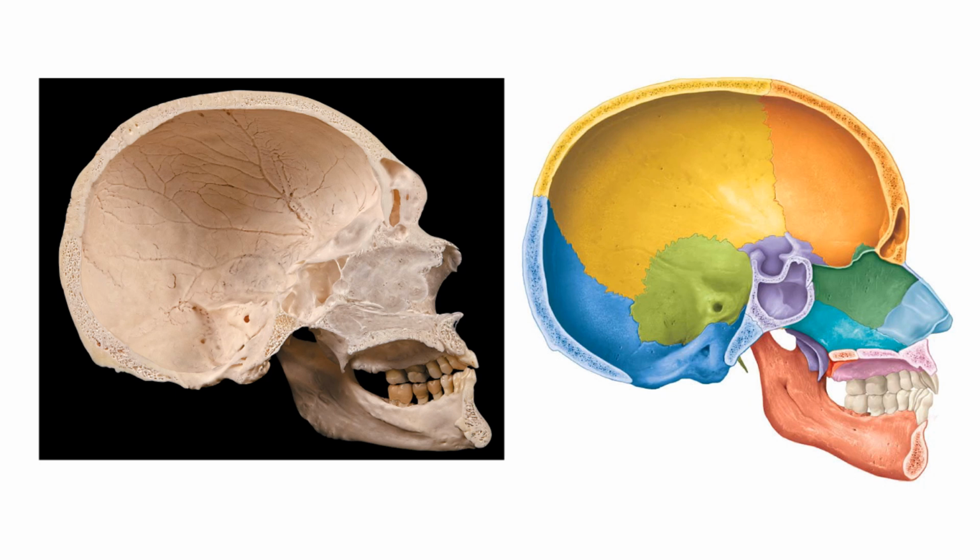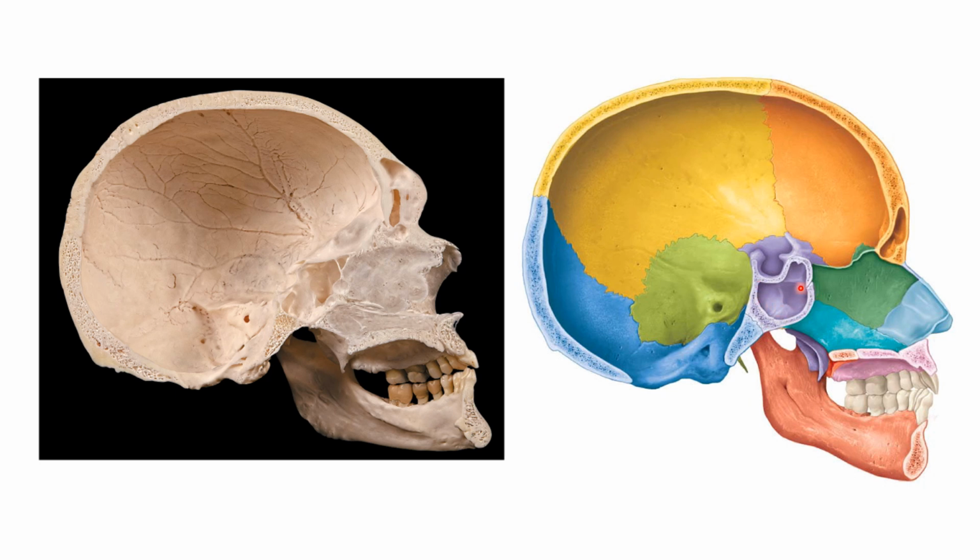We can see 2 fairly clearly. Of course, we know this is the frontal bone, so this hollow area here is the frontal sinus. The second sinus, which is easy to identify, is the sphenoid sinus.